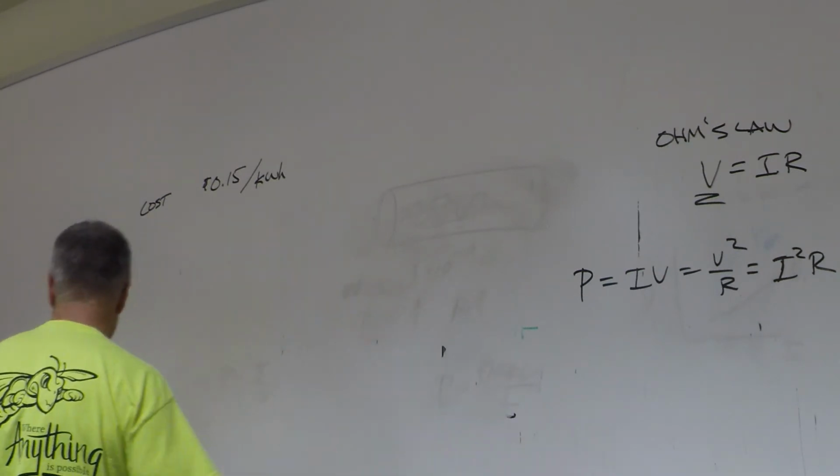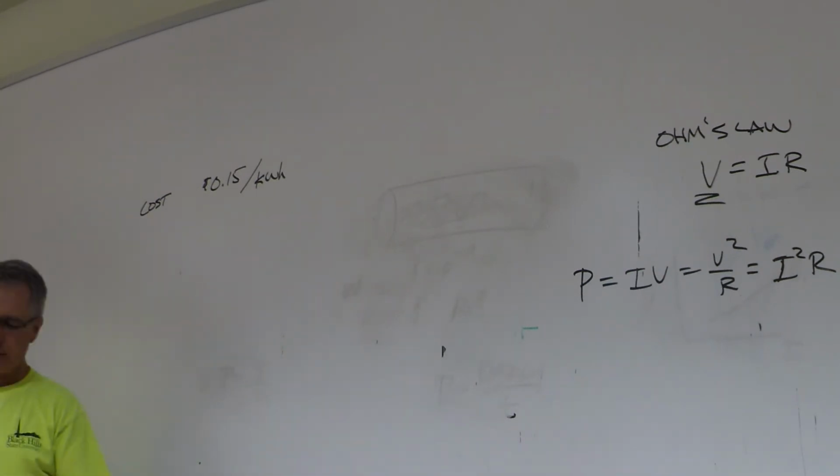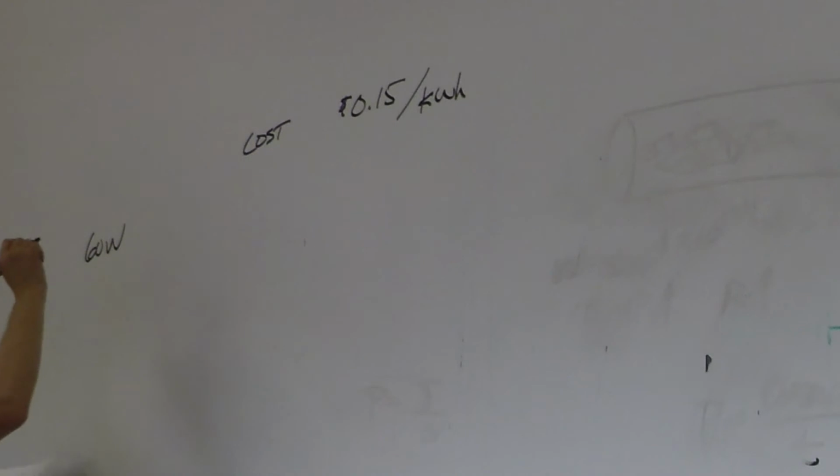So if that's what you're being charged, here's how we can figure this out. Let's do a couple quick examples. Let's say you've got a light bulb, and you look on the light bulb and it says it's a 60-watt bulb. And let's run it for 1 hour and see what it's gonna cost at that rate per chunk of energy.